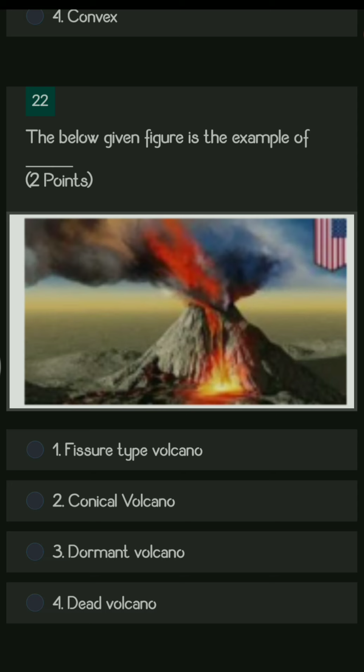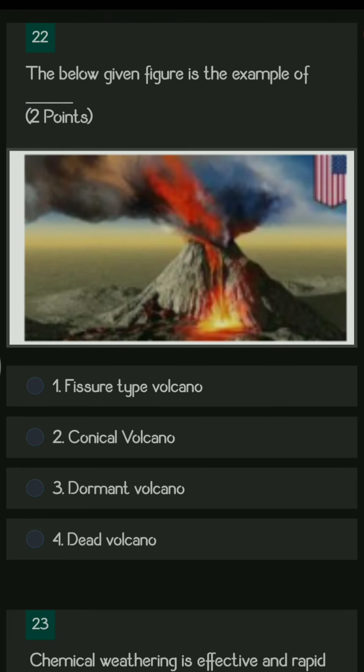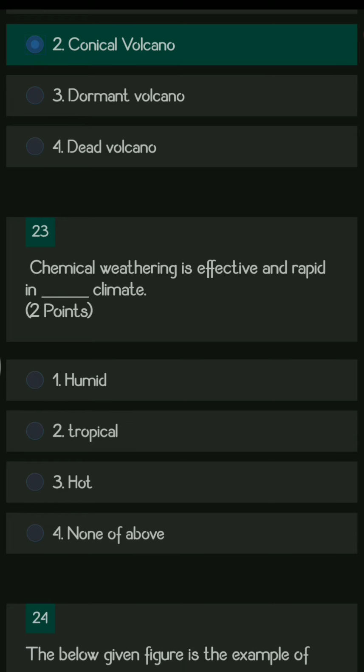They don't come out from a single point, so even that option is wrong. Next is dormant. Dormant volcanoes are totally distinct. So the option is conical type of volcano. You can see all the lava is coming out from a single point, a cone shaped mouth or vent opened. So that is the conical volcano.